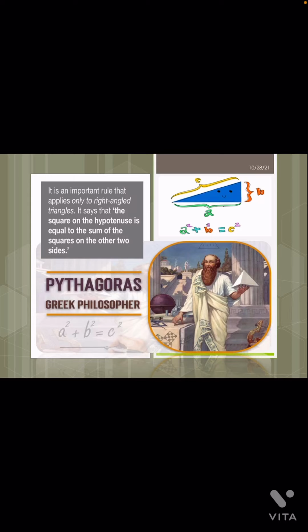It is an important rule that applies only to right angle triangles. It says that the square on the hypotenuse is equal to the sum of the two squares on the other two sides.